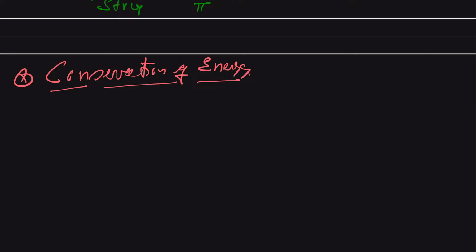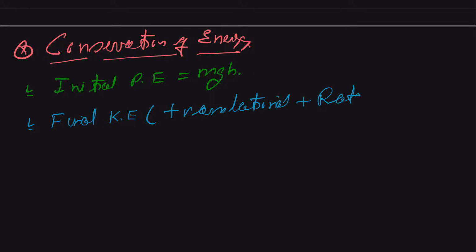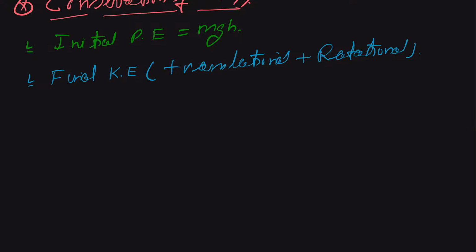So we can say our initial potential energy will be equal to mgh, and our final kinetic energy will be equal to translational plus rotational, and so we substitute this and we get half m Vf square plus half I omega square.